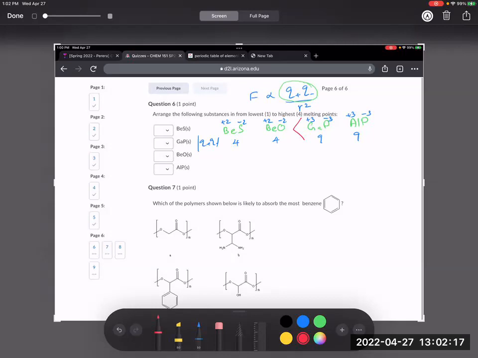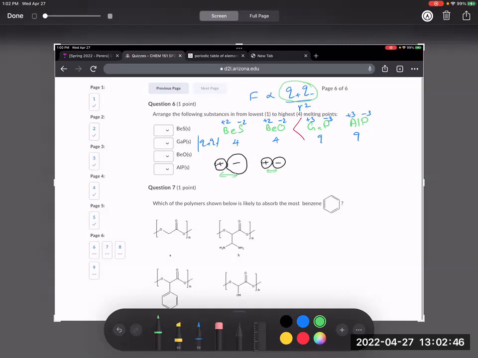In this case, let me draw them. Beryllium is going to be the same size, but sulfur is a larger anion compared to oxygen. Therefore, you're going to have a greater distance between the ions in beryllium sulfide than between the ions in beryllium oxide.